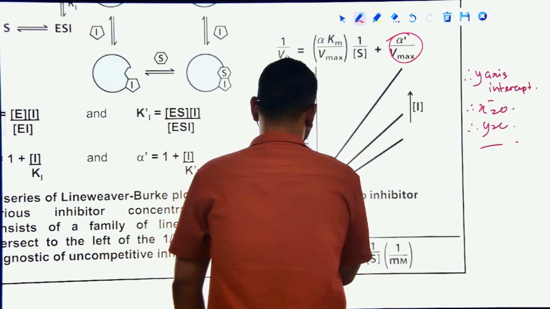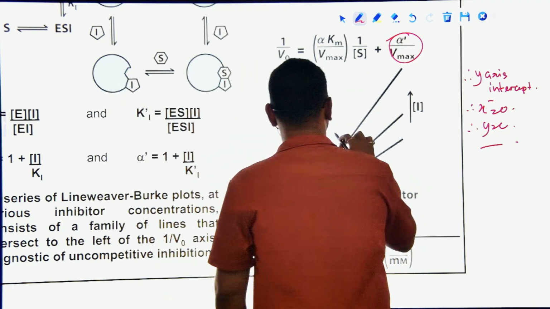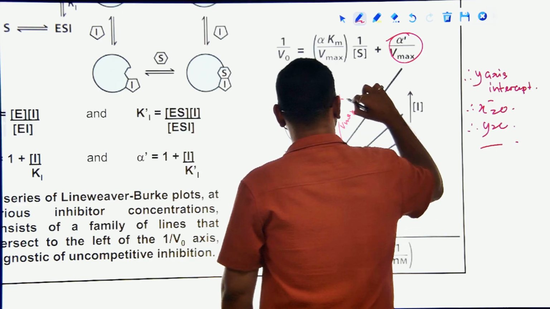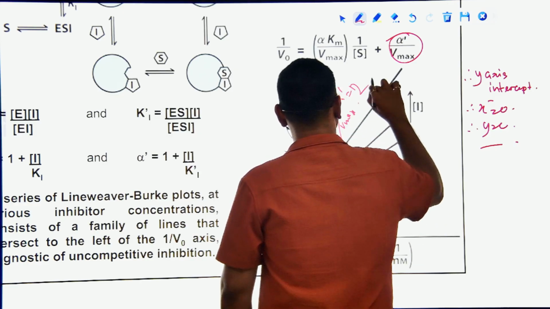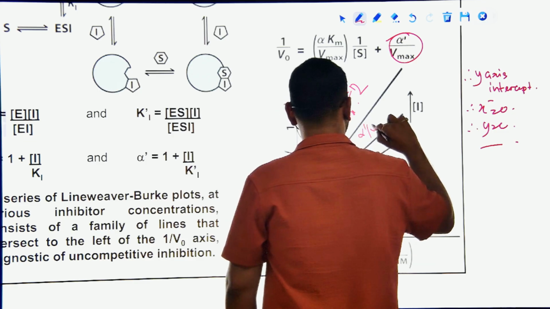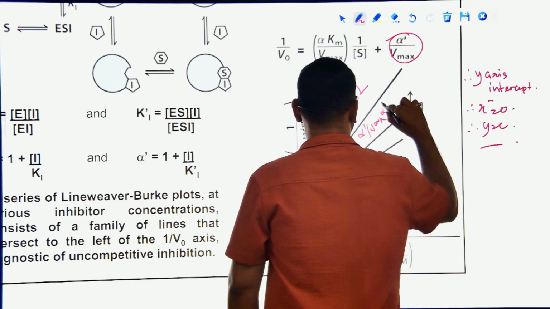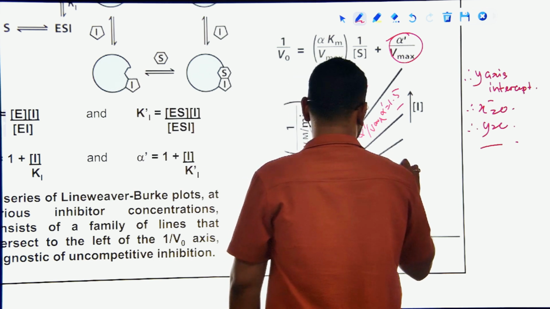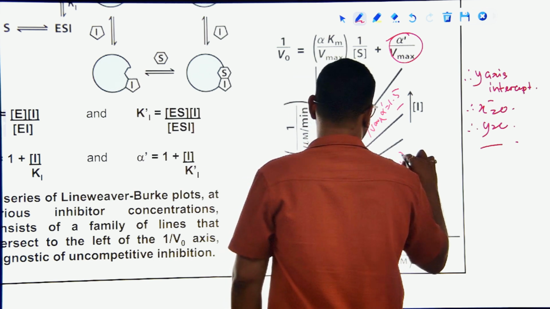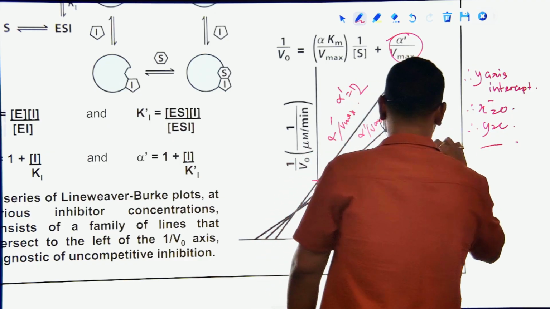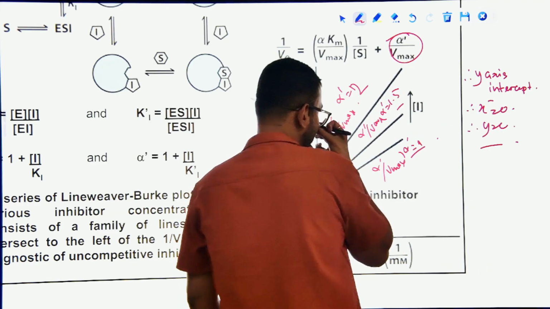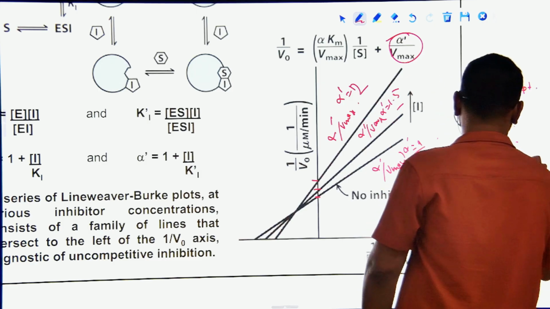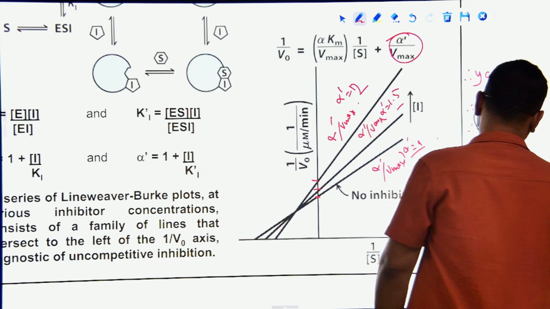So our y-axis intercept is alpha dash by Vmax, where alpha dash can be equivalent to 1.